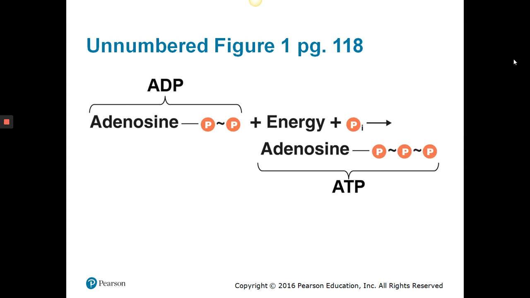The more you add, and again, this is a little bit of chemistry going back, but the more bonds you add to this molecule, the more energy it has. So ADP has a lot less energy than ATP. So when we phosphorylate ADP and put a phosphorus on the end of that, we're giving it more energy. And our cells can take that and convert it over to energy that we can use.